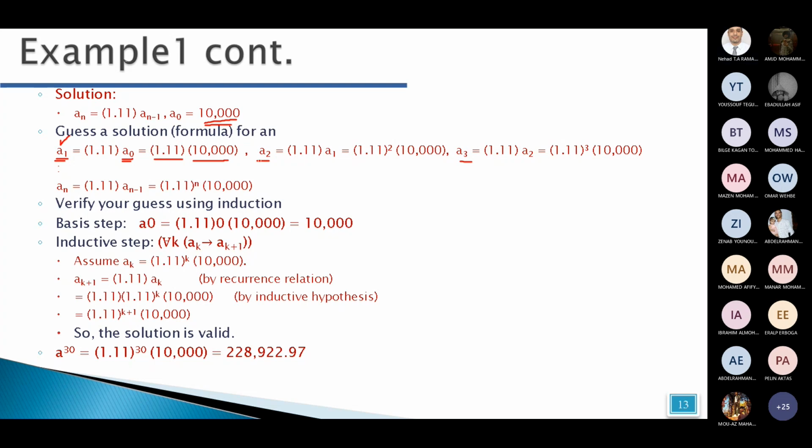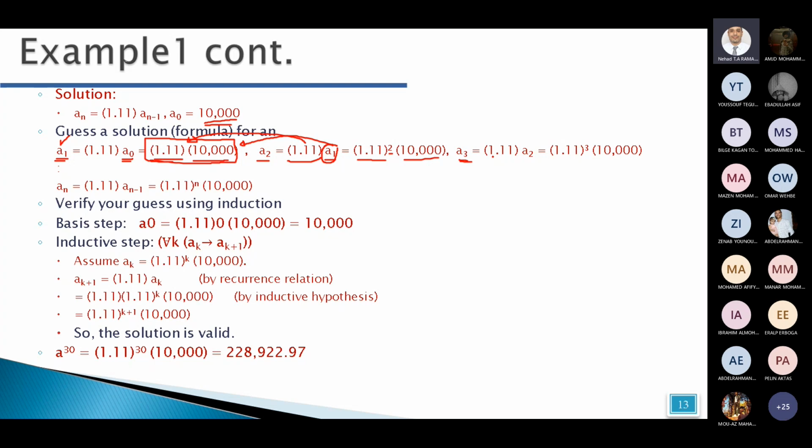So it becomes 1.11 to power 2, because this multiplied by this one, 1.11 multiplied by 1.11, means 1.11 to power 2 multiplied by 10,000.